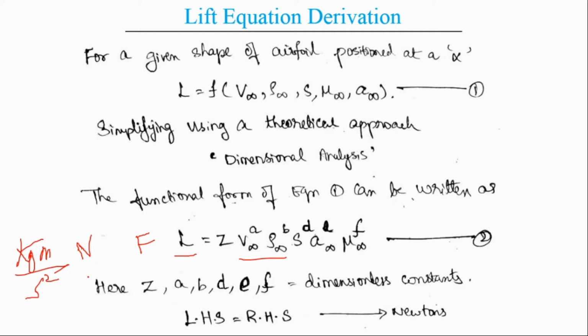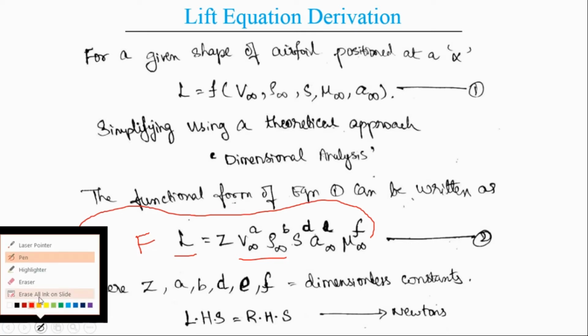If we require an equation, we should satisfy that the left hand side's unit or dimension must match the right hand side's unit or dimension. So when we multiply all this, the resultant value should be kg meter per second square. So this is the basic essence of dimensional analysis.